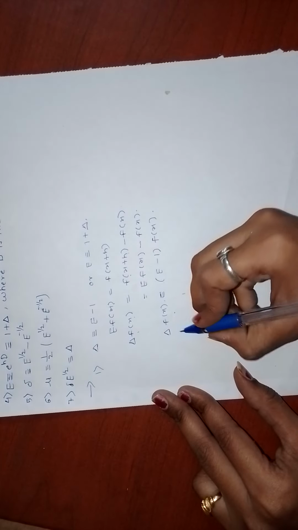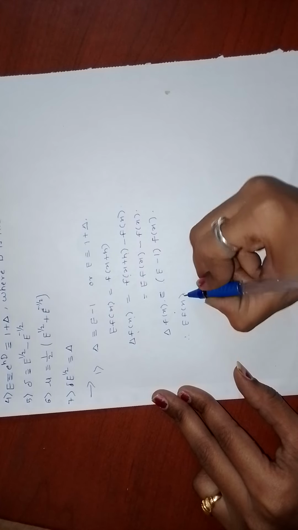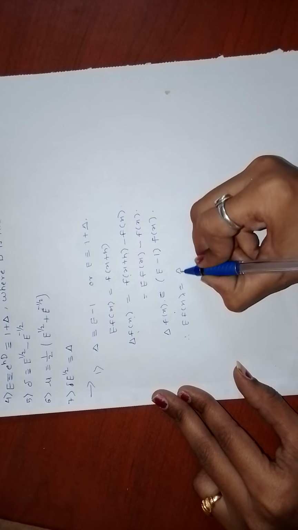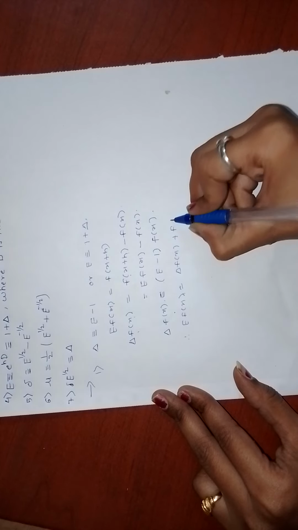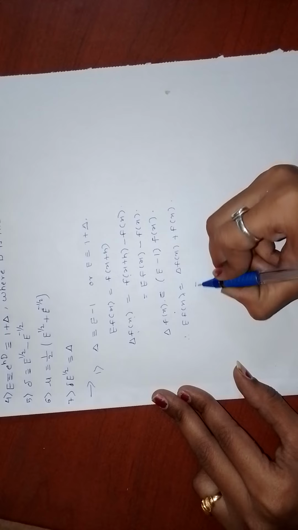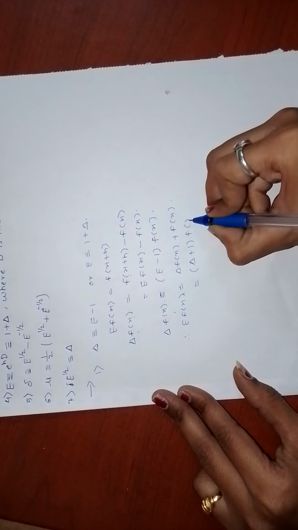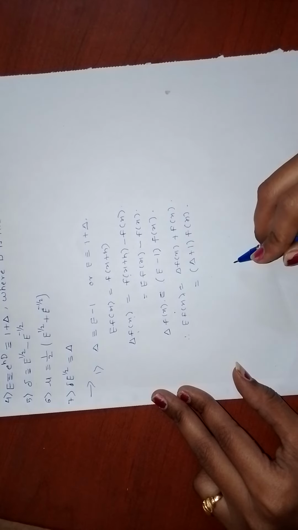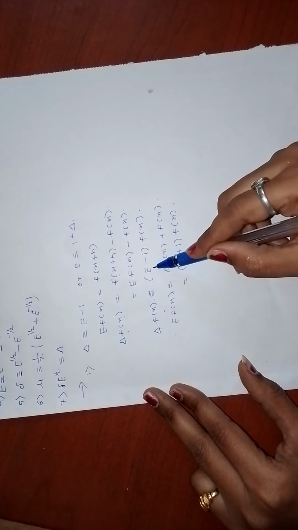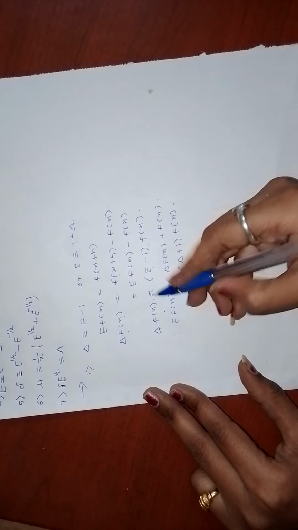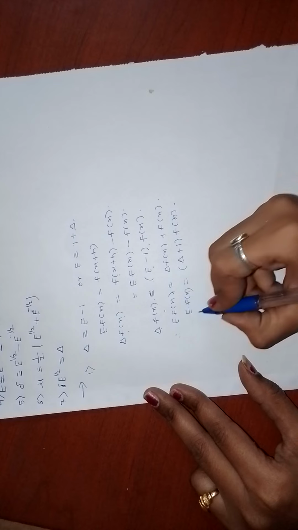Now consider E f of x, which is equals to delta f of x plus f of x, which is equals to delta plus 1 and common here f of x. From these two equations we say that delta is equal to E minus 1 and E is equal to delta plus 1.